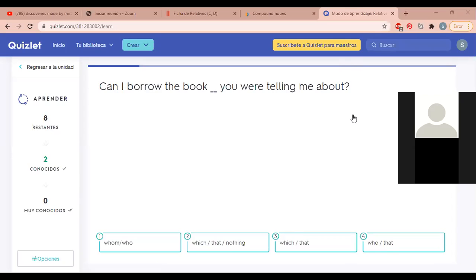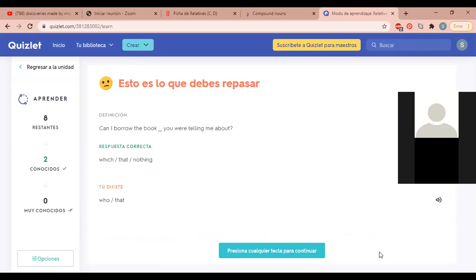Por ahí tengo también alguien que me dice which o that. Let's see. Vamos a respetar la decisión del participante. So we're going to choose number 4. Look at this, Wilson. Para que no se le olvide a Wilson. So the right answer was which, that, or nothing.